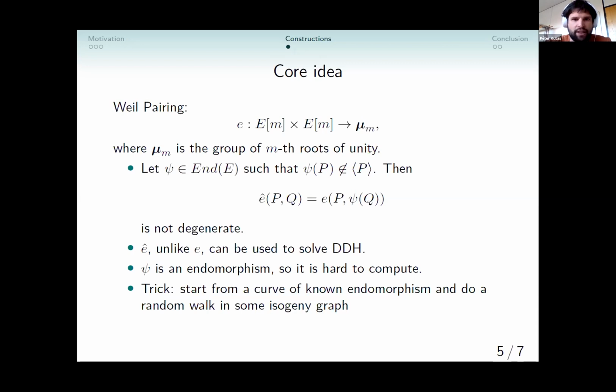So the main idea is to start from a curve which has a known endomorphism ring. We start from j=1728, a supersingular elliptic curve, and then take some random walk in some isogeny graph long enough that it's hard to compute the endomorphism ring of the output curve. There are various technicalities on how to make this construction efficient. For that, please look at the long version of the talk or the paper.